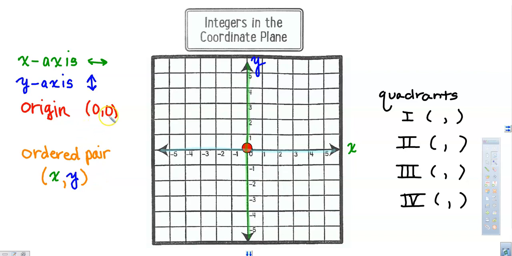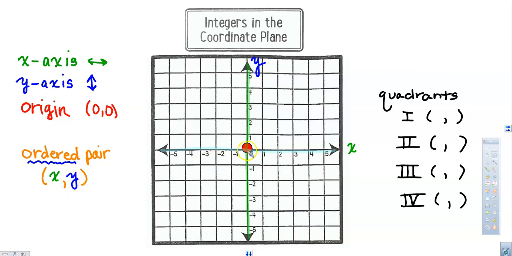When we call it 0, 0, that is an ordered pair, one of several on a coordinate plane. An ordered pair is a location of points, and the key word there is ordered. So it tells you where a point is located, and it describes first the horizontal movement you make to get to that location, and then second, it describes the vertical movement to get to that location.